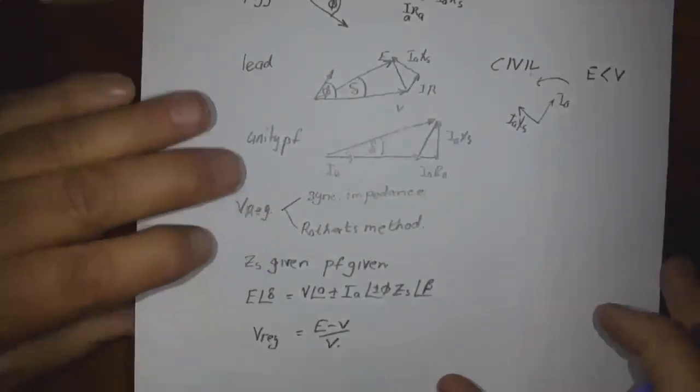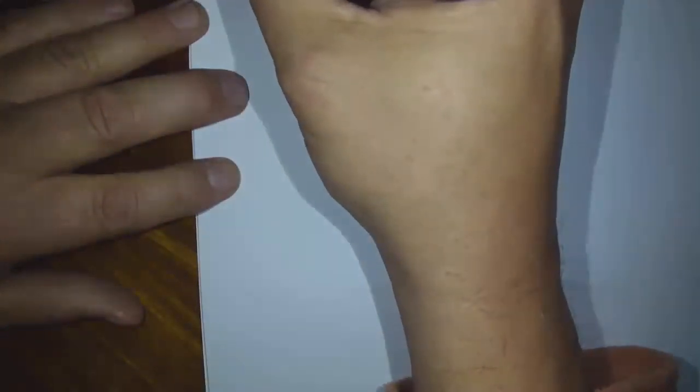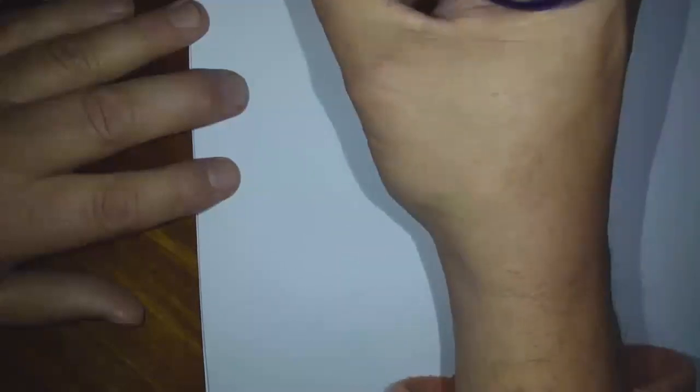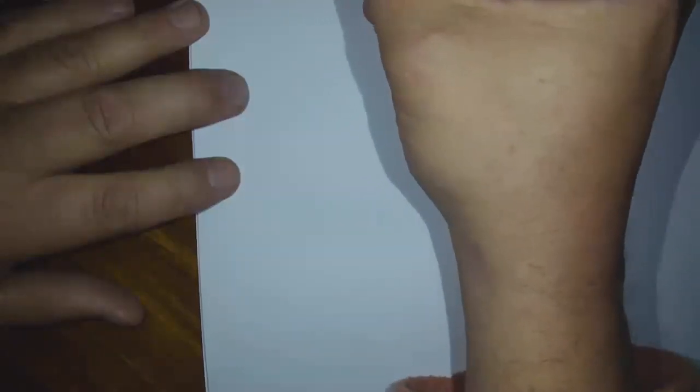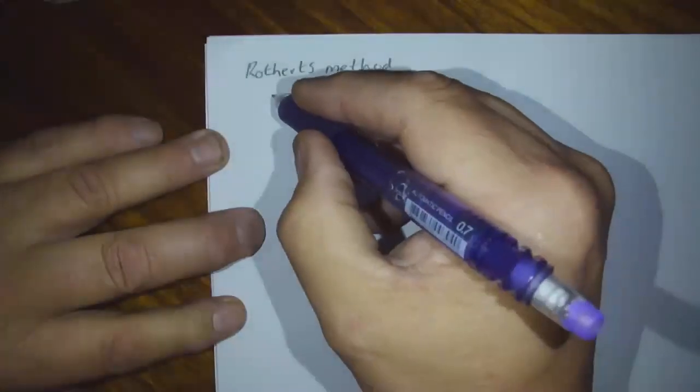That's the easy part. We get Rother's method, which is a little bit more complicated, but not much though. There we need two graphs.